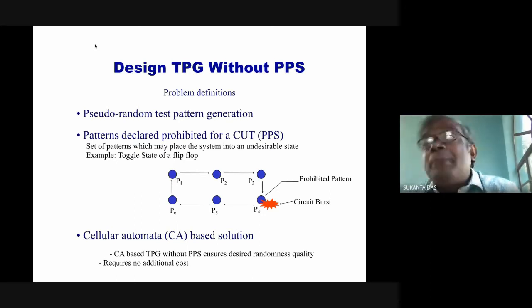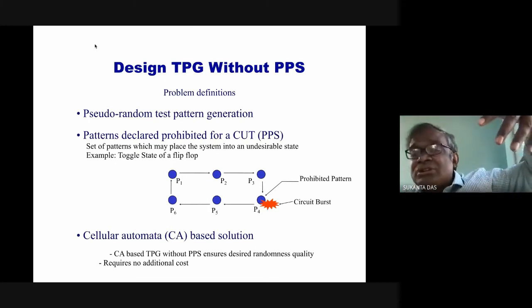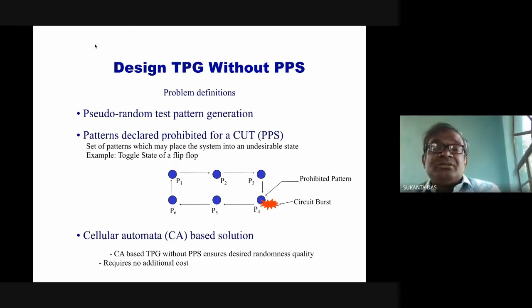Sometimes it may so happen that some patterns are prohibited to the circuit. Why prohibited? Means if you give these patterns as input, that may put the circuit in some undesirable condition.